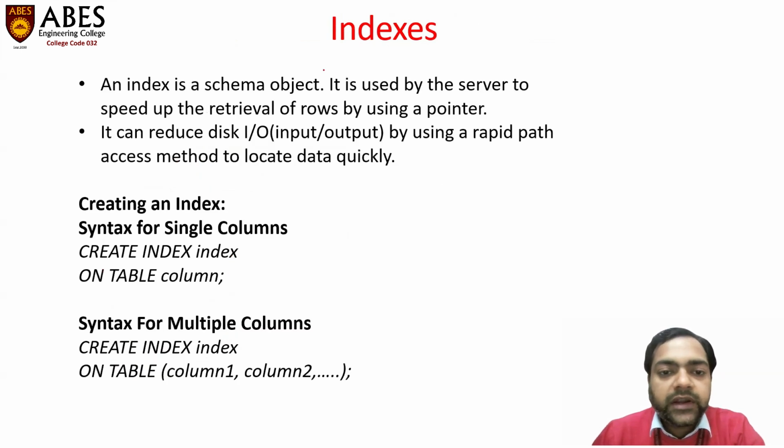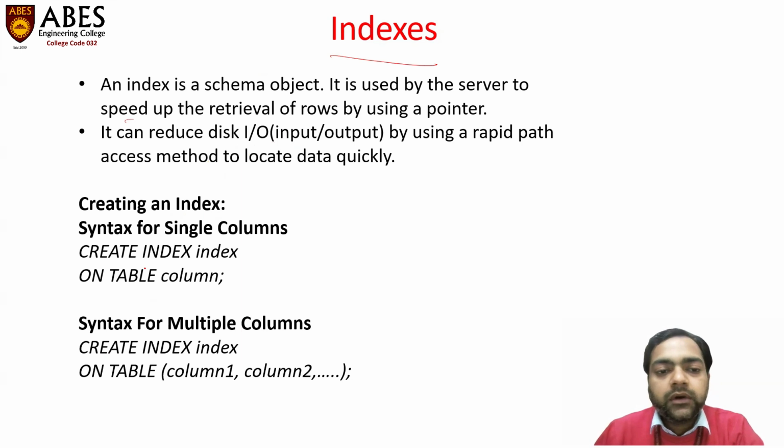Now next we have indexes. We have covered the concept of views, which are virtual tables. Now, an index is a schema object. It is used by the server to speed up the retrieval of rows by using a pointer.